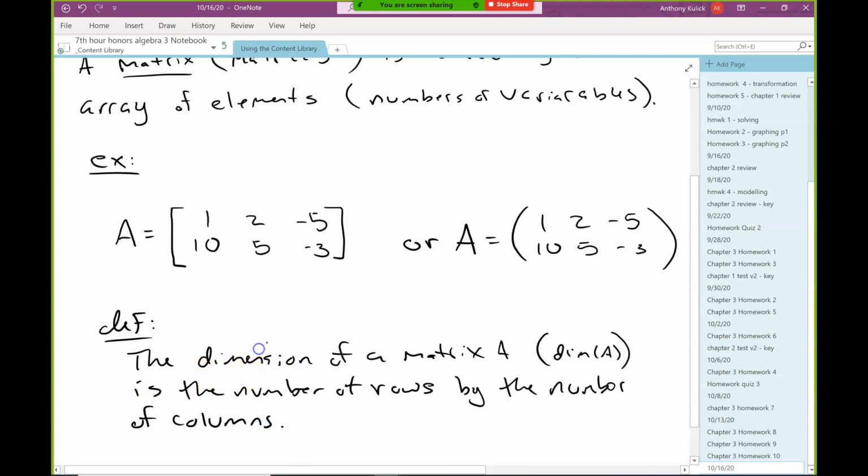So we say the dimension of a matrix, and the way we denote that is we write dim of A, the dimension of A, is the number of rows by the number of columns. So if we're talking about the matrix A that we wrote up here a second ago, we would refer to the dimension of that as 2 by 3.